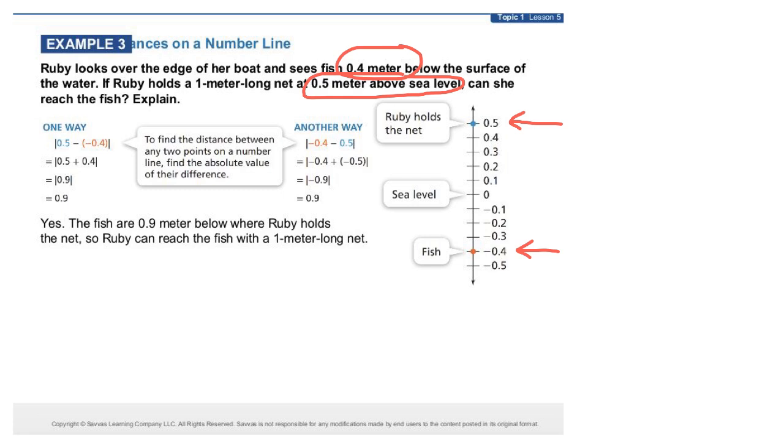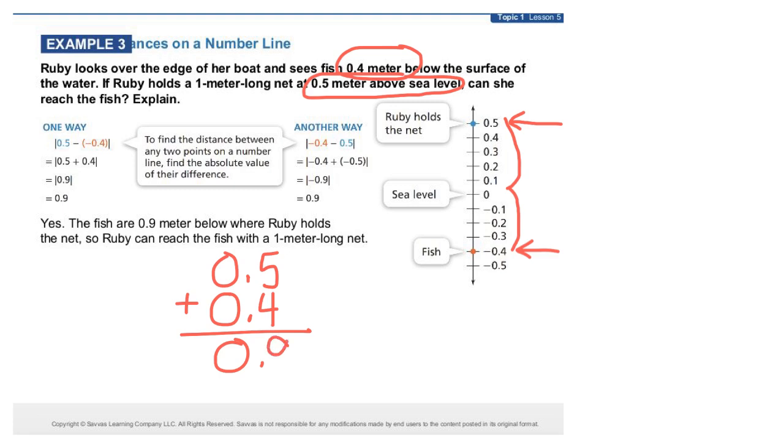Okay, so it looks like we have to get to 0 and then a little bit further. So it almost looks as if we're going to add these together. That will get me down to the sea level. This will get me down to the fish. Together, that's 9/10 of a meter. Well, if she has a 1 meter long net, then the answer is yes, she can reach the fish.